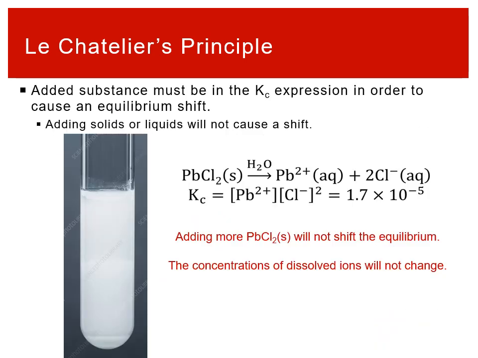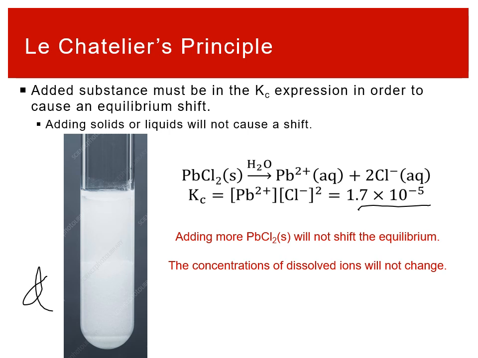I can also use this idea to think about what would happen if I add something that's not in the equilibrium constant. So for example, dissolving lead chloride. I know that this tends to not really go to products. There's not a lot of product that's formed, but some is formed.